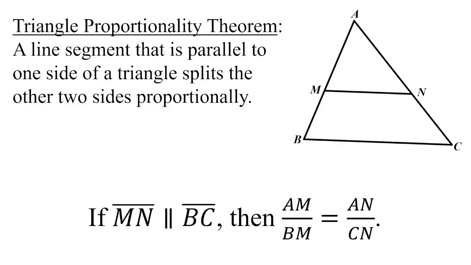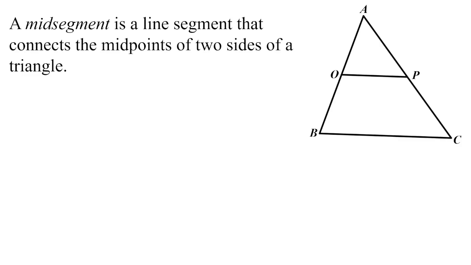Now, before I introduce the second theorem, I want to introduce to you a concept, and that concept is the mid-segment. The mid-segment is a line segment that connects the midpoints of two sides of a triangle.